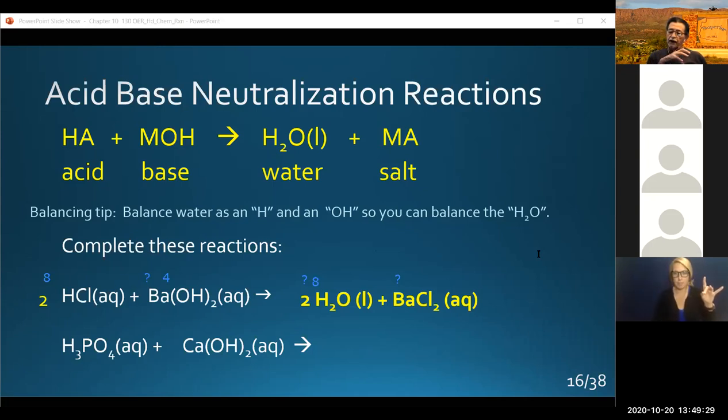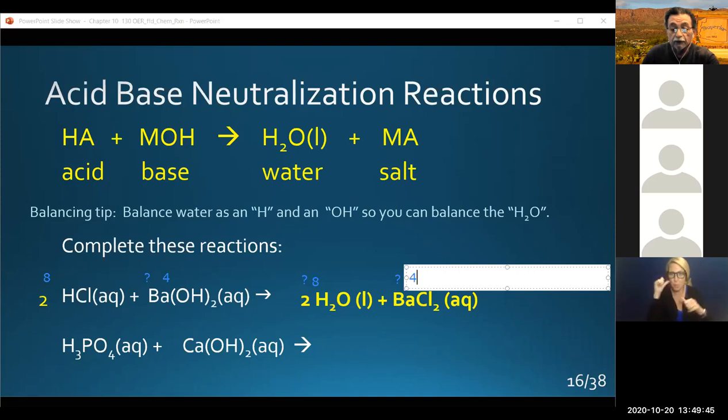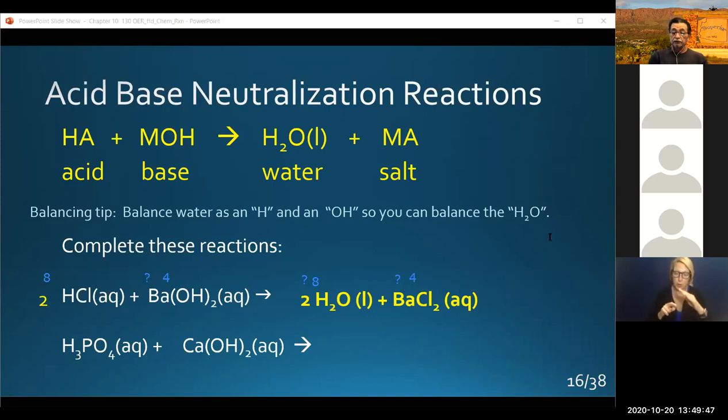If I start off with 8 HCl, how much barium chloride am I going to make? If I got 8 HCl and 4 barium hydroxide, it's going to make 4. Exactly, it's going to make 4 barium chloride because my ratio is 2-to-1. It was 1/2 of my HCl.